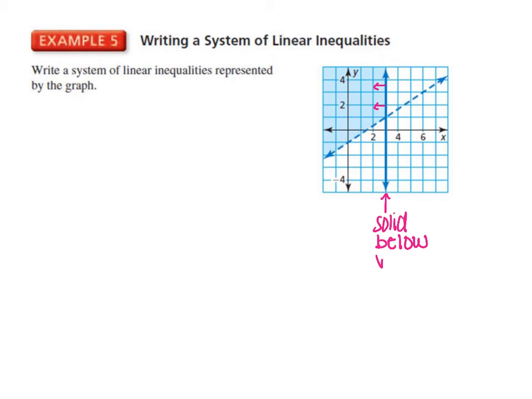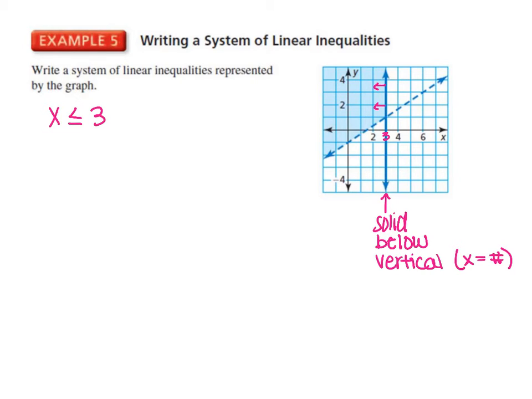And this was a vertical line. And vertical lines were x equals a number, right? So what x value is staying the same there? It's at x equals 3. So I would have an inequality. X is, well, solid and below would be less than or equal to 3.